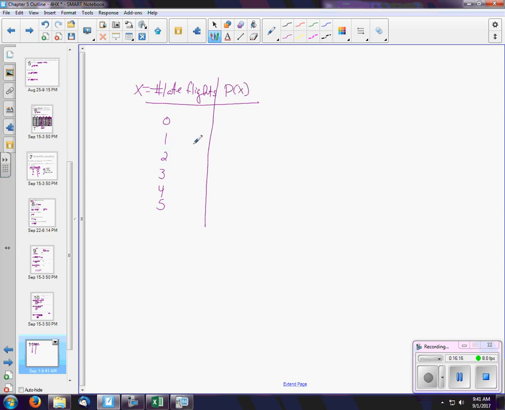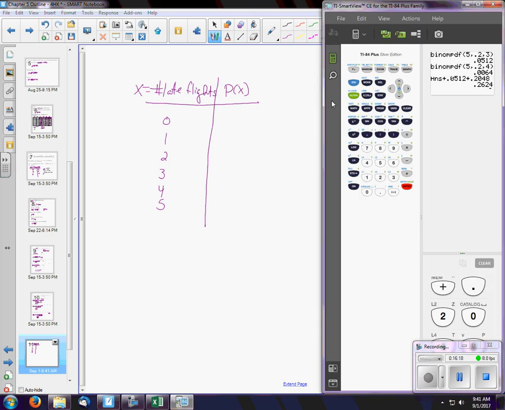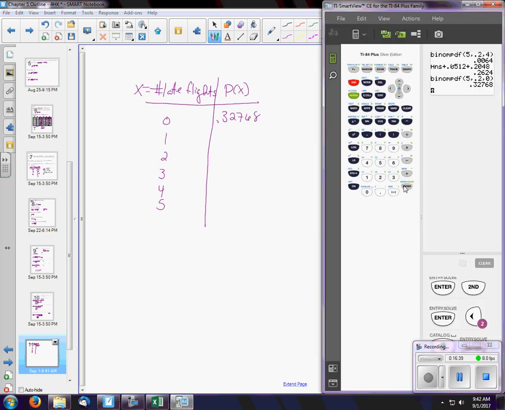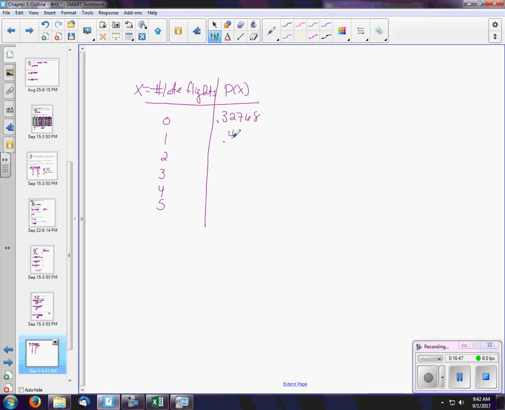The probability of 0 flights being late, let's just run through this. You could take this off of our previous slides, of course. That was 0.32768. And then your 1 flight being late, 0.4096. And so on and so forth.